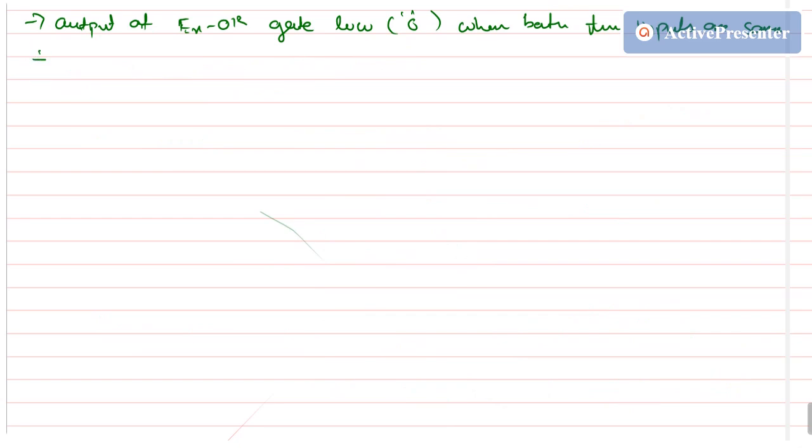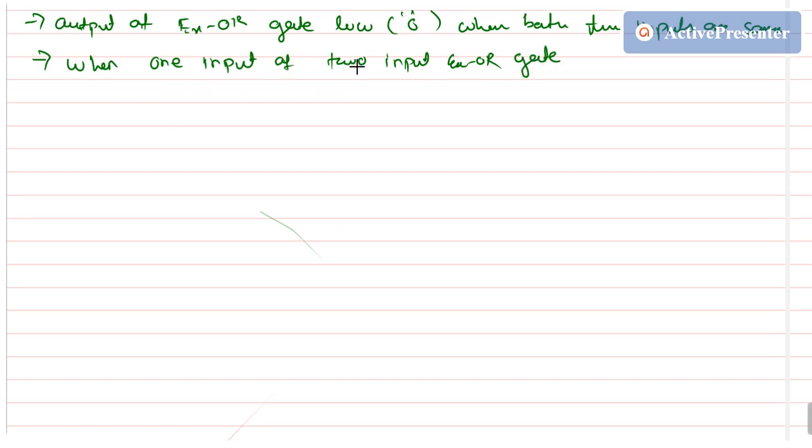Next, one more point is that when one of the inputs of an XOR gate is low, the output is the same as the other input. So this is a bit tricky. When one input of a two input XOR gate, this is similar to what we wrote for the two input AND gate, here it is written two input XOR gate.